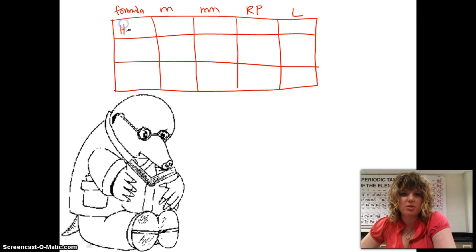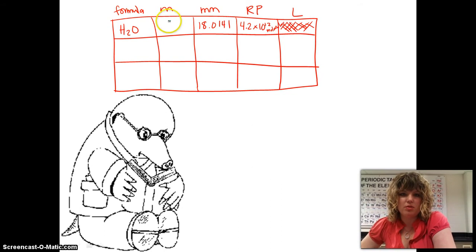Okay, so maybe our formula is water, H2O. We know the molar mass is 18.0141, I think. And maybe I give you the amount of liters in this case would be X'd out. Liters only works with a gas unless you're using density. So maybe I tell you we have 4.2 times 10 to the 12th representative particles, which in this case would be molecules.